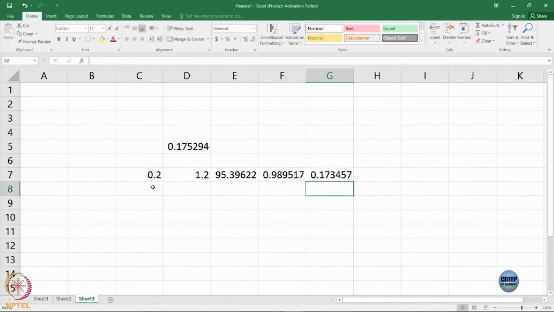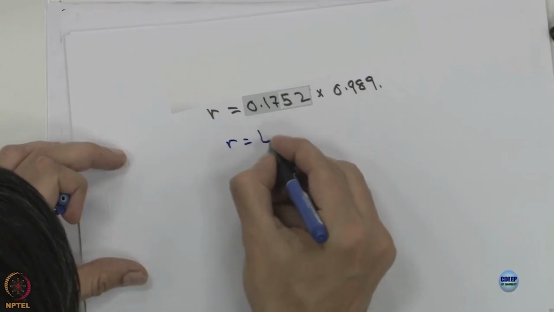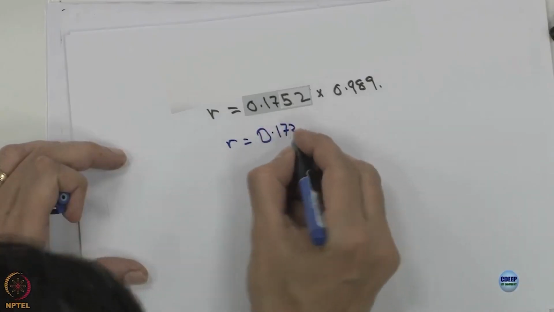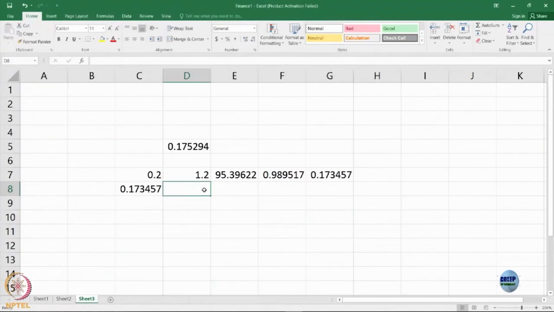Now this value can be taken as 0.1735, the new value of R. R is 0.173, and then we can multiply.